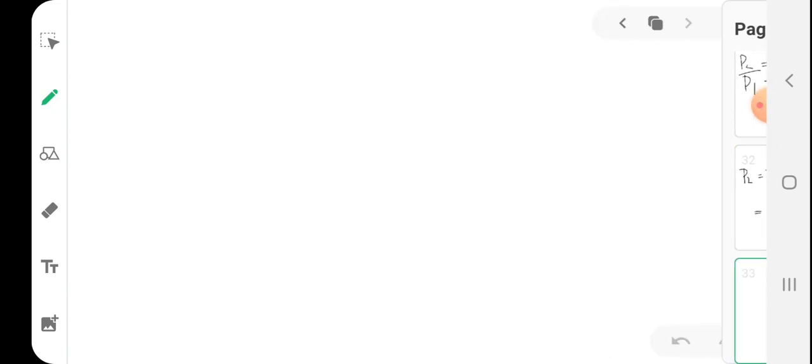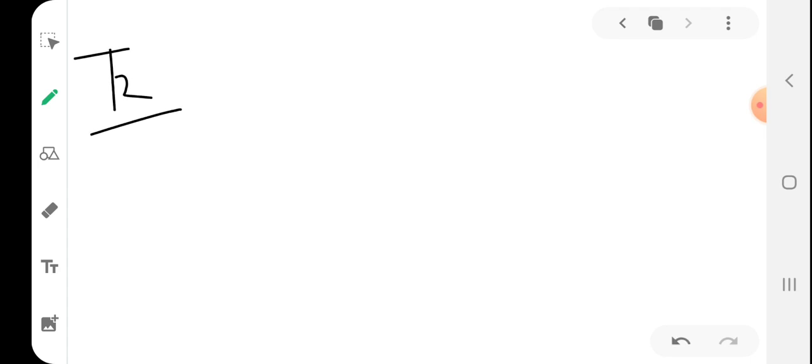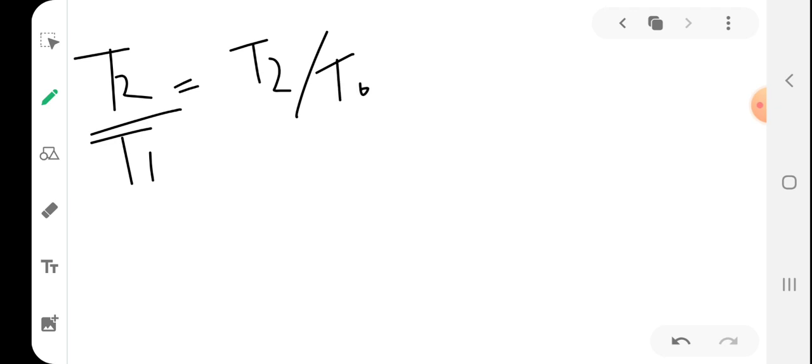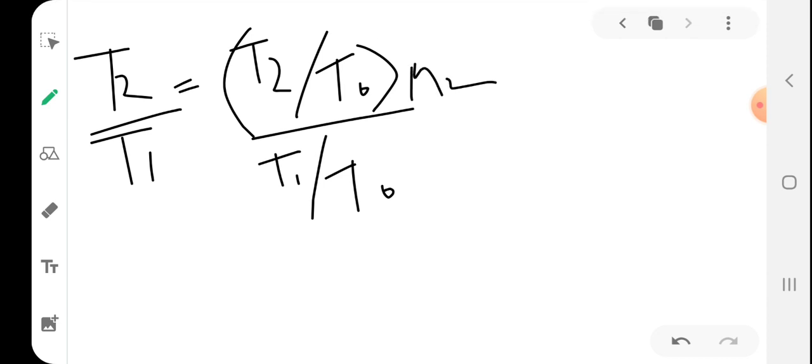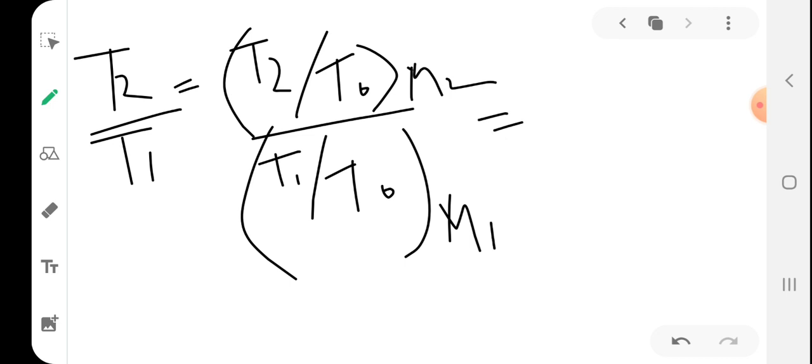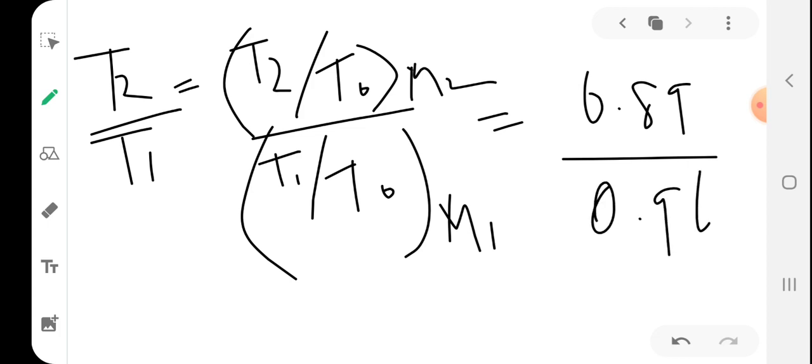And now similarly, T2 by T1 can be written as T2 by T0 over T1 by T0, right? So this is at M2 and this is at M1. From the gas table, you get this value as 0.89 and the other value as 0.96.